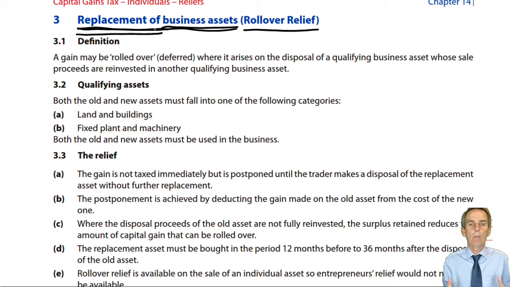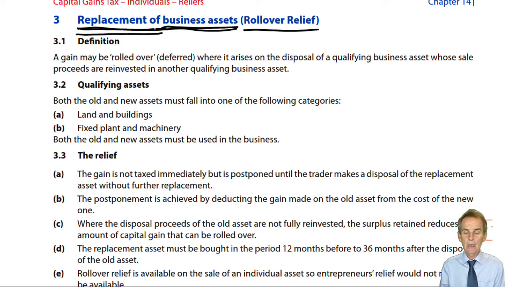It doesn't have to be the same type of qualifying business asset. What we'll discover in our syllabus is that those qualifying business assets that we need to know about are extremely limited. Therefore, the most likely for rollover relief, as we'll come to know it, is a business property.